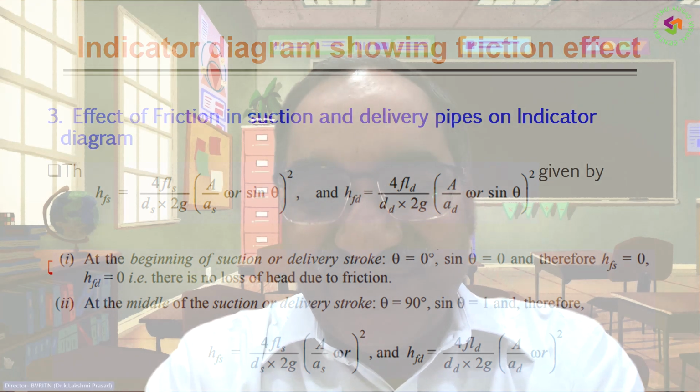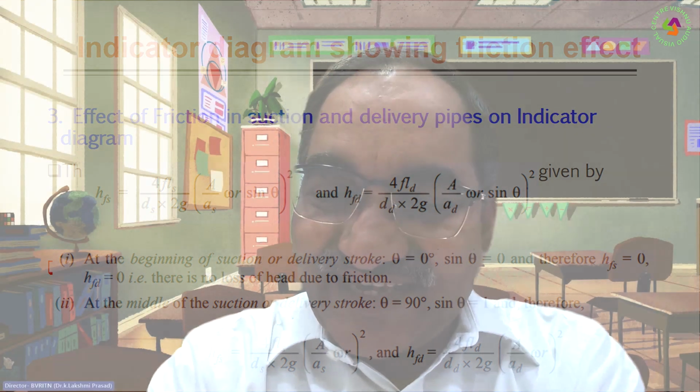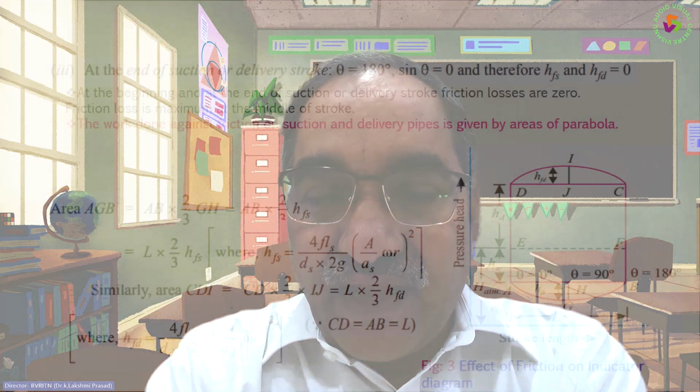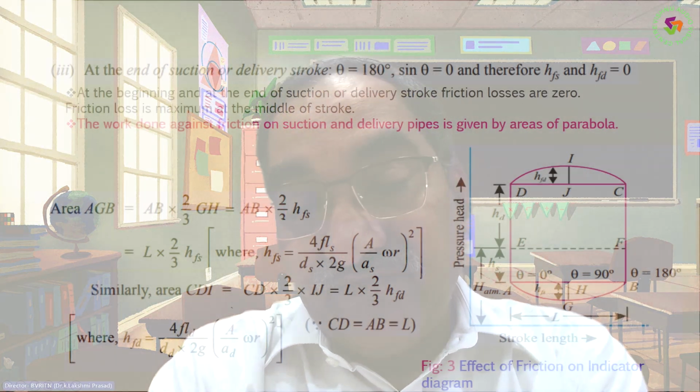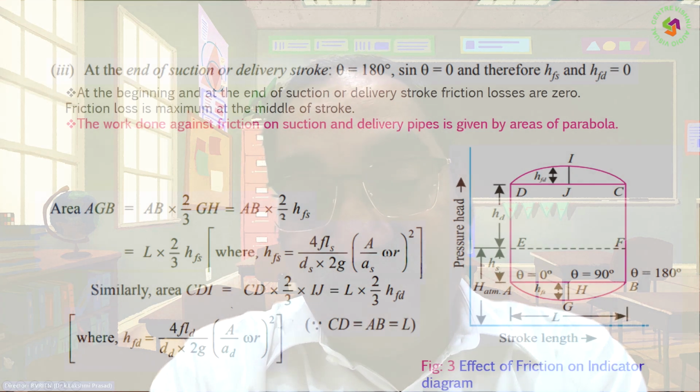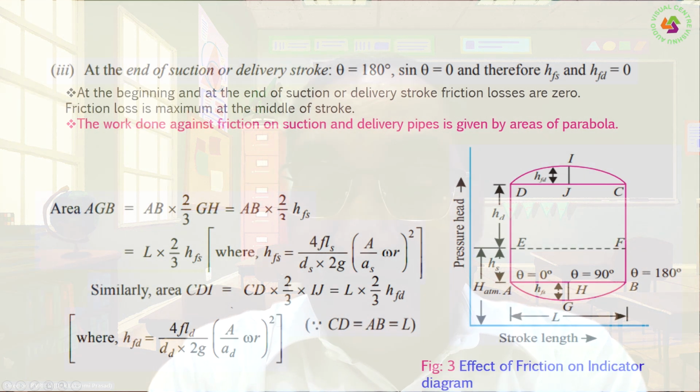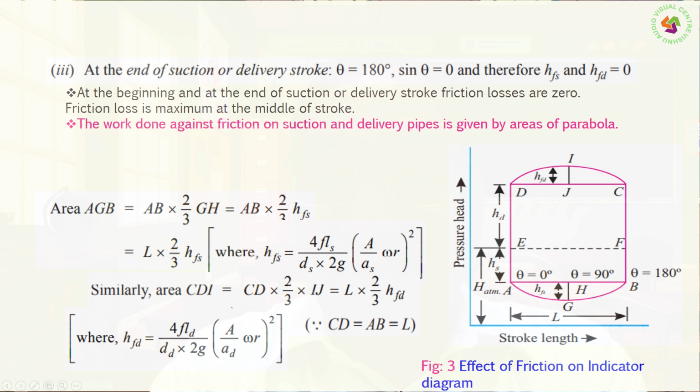V is not uniform. The velocity in suction pipe or delivery pipe is not uniform. How the velocity varies, we have derived already.